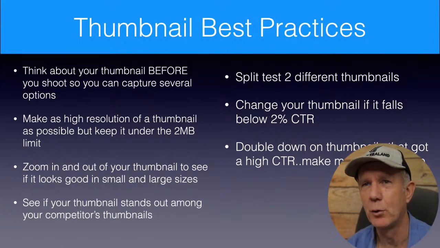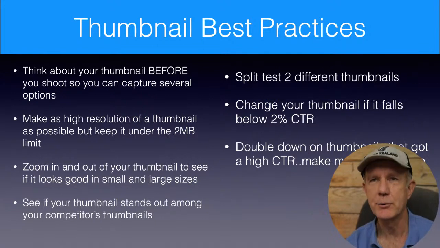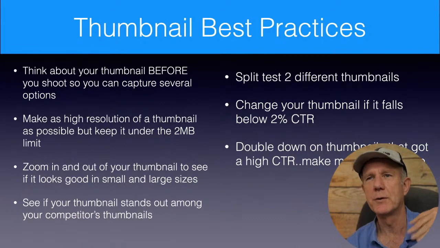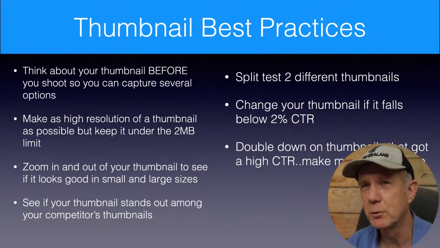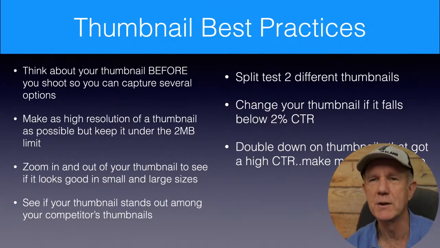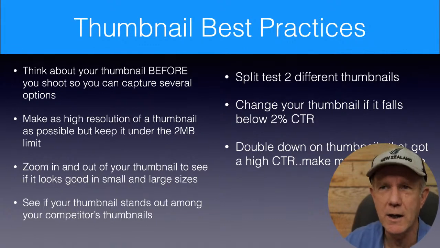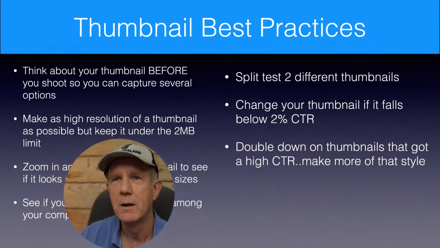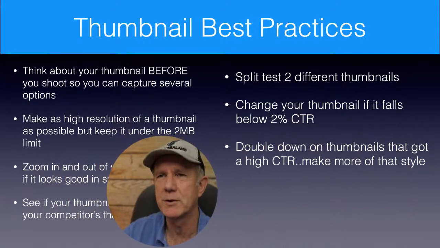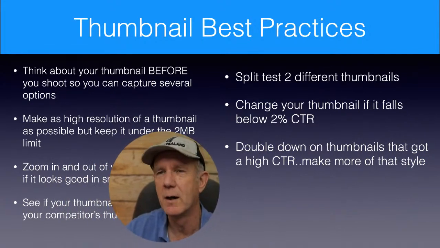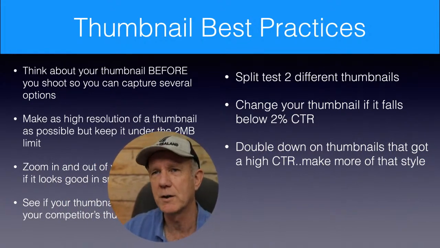Change your thumbnail if it falls below 2%. The average click-through rate is between 2 and 10%. So if it's below 2%, think about changing your thumbnail and replacing it with a better thumbnail. And if you see that you get a high click-through rate for your video, then double down on that particular thumbnail and make more of that particular style.